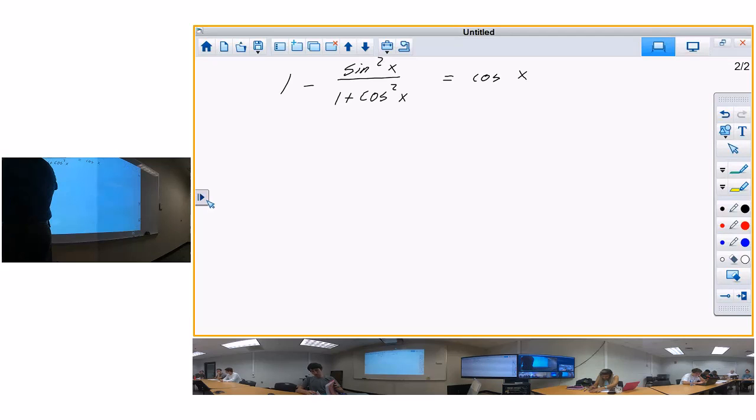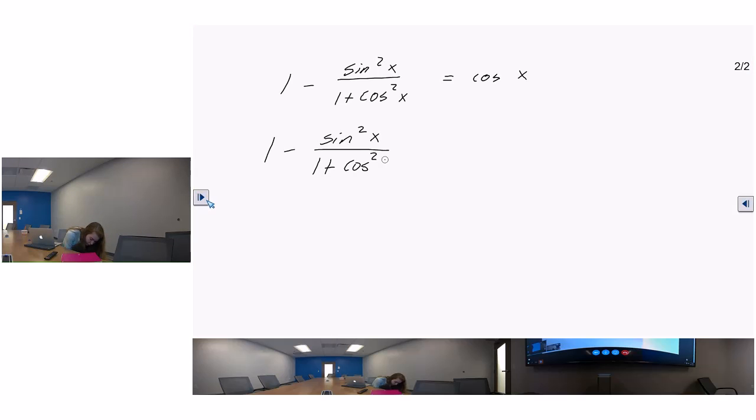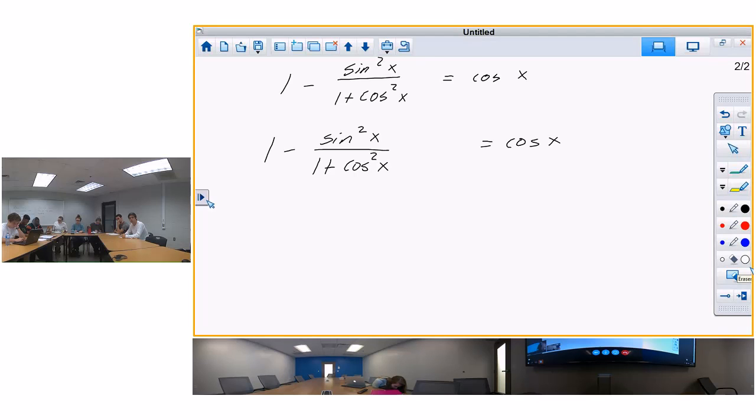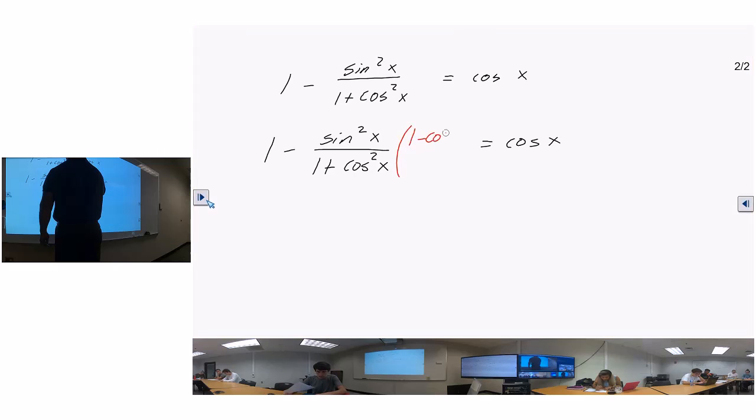So 1 minus sine squared x over 1 plus cosine x is equal to cosine x. And we're going to multiply by 1 minus cosine x over 1 minus cosine x.